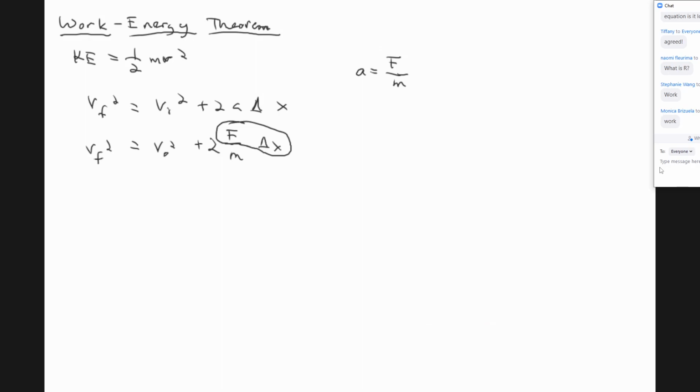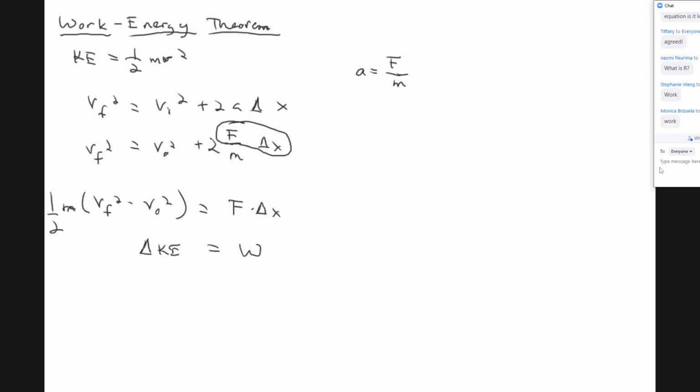So if we move everything to the other side and keep that on one side, let's see what we get. V final squared minus V initial squared multiplied by the mass divided by 2 is equal to force times the change in displacement. So we see work on the right-hand side, and on the left-hand side, we have what? The change in kinetic energy.